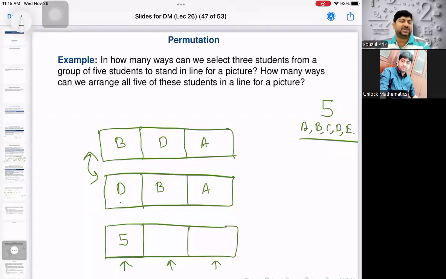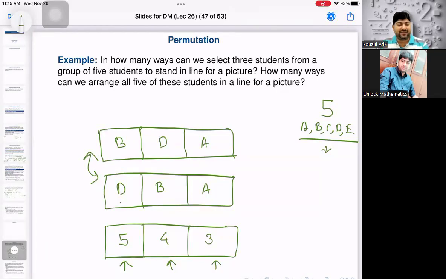Then once the first position is done, for the second position, how many students are available? Because one student is already occupied in the first position, for the second position you will have 4 students available. Then for the third position, how many students are available? Already the first position and second position are filled, so 2 students are already done. So for the third position, you have 3 students available.